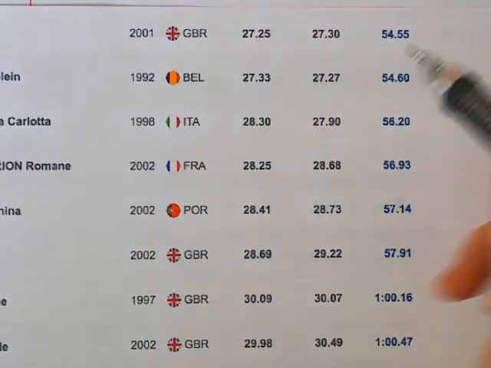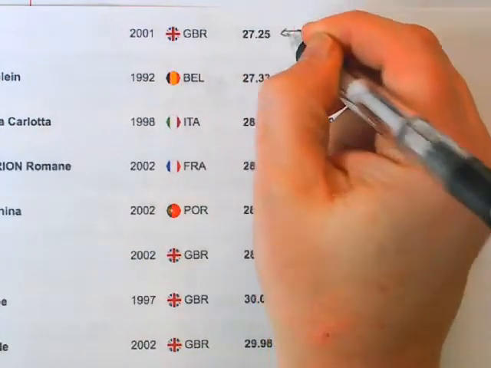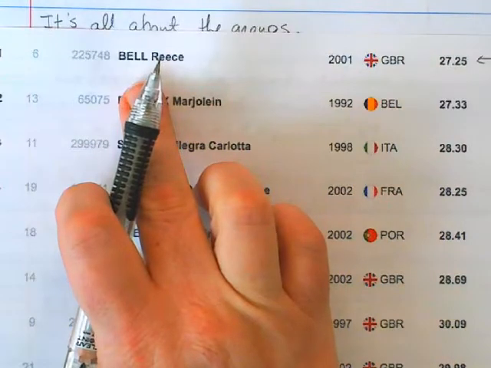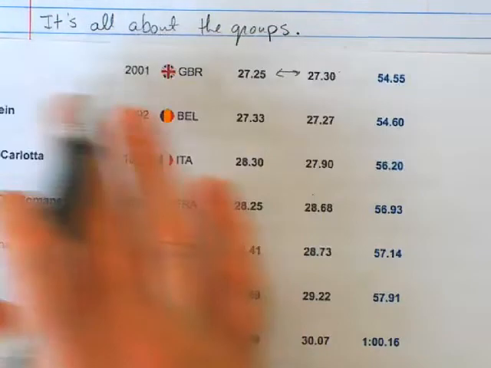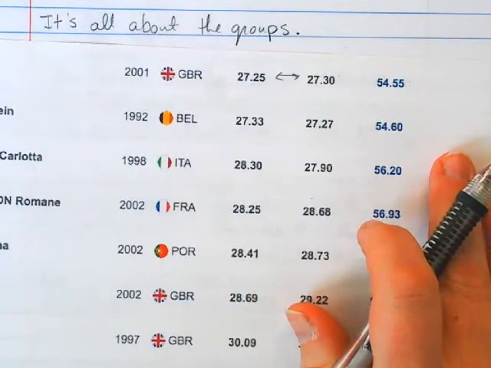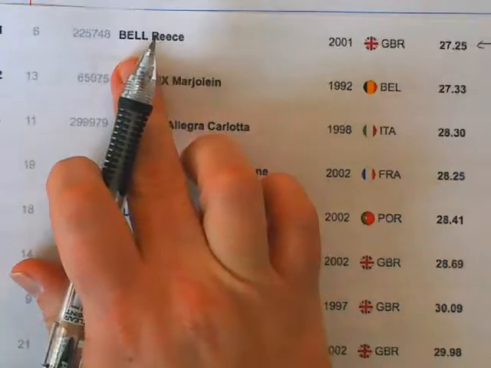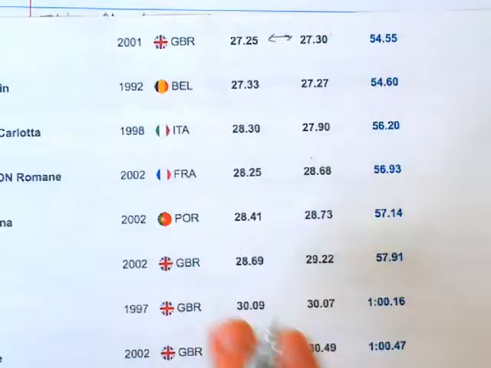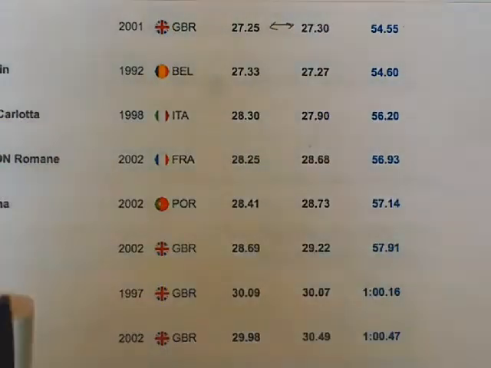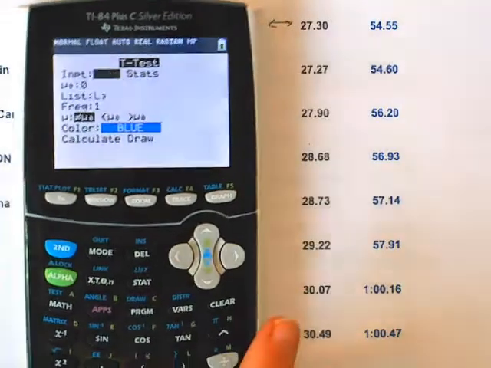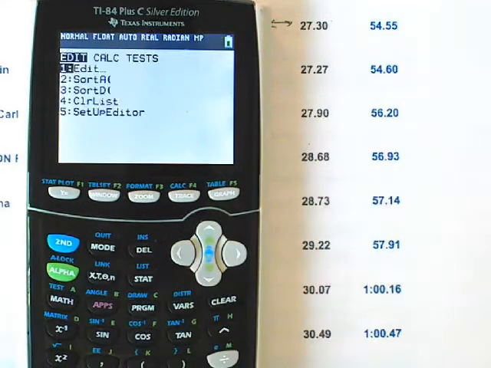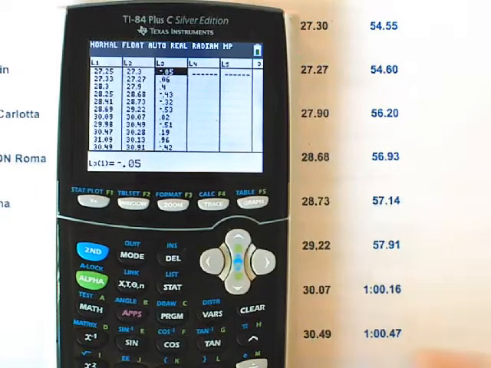I've got my first set of data and my second set of data. These data are paired because they go with the same person. This is Miss Bell's first and second run down the hill. Since it's the same body doing the run, this data is paired. I'm going to grab my data and dump it into Mr. Calculator.